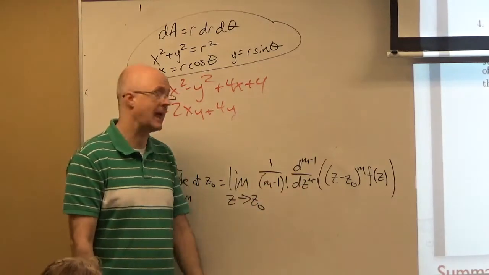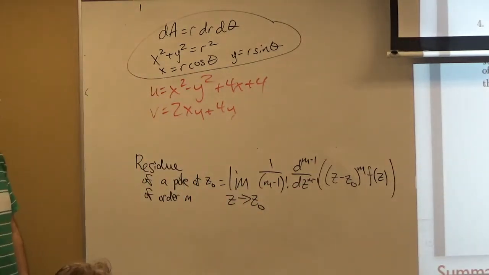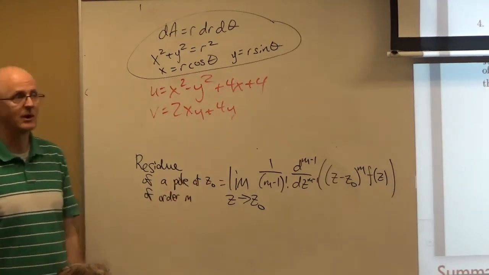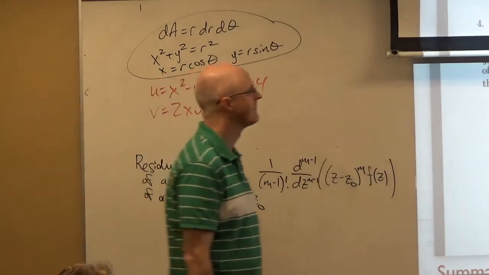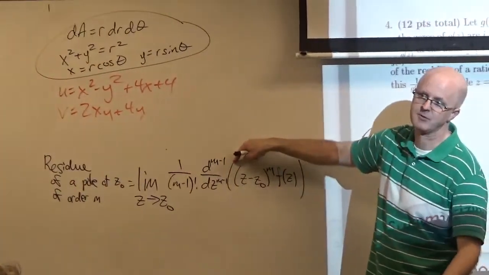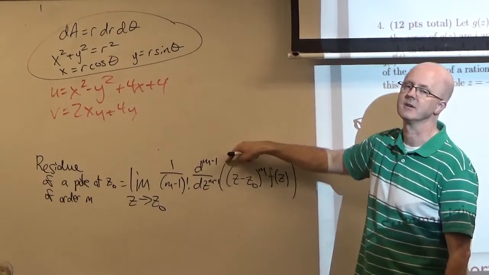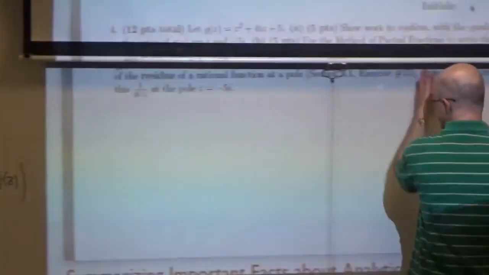It could be a big mess. When m is 0 or 1, it's not too bad. You should be able to verify the answer to this problem with this formula as well. It's a simple pole here, which means m is 1. And when m is 1, this derivative is not really a derivative. The 0th derivative doesn't do anything to the function. It gives you the function itself.